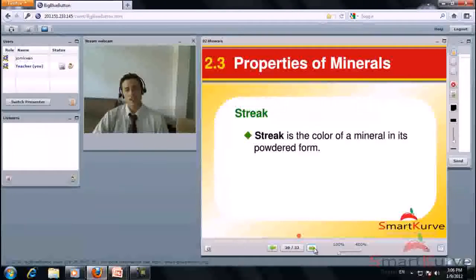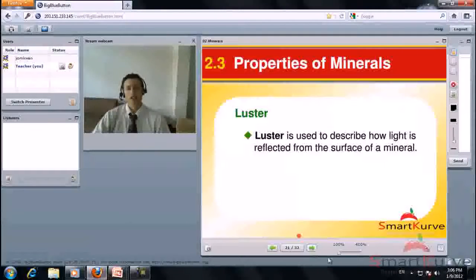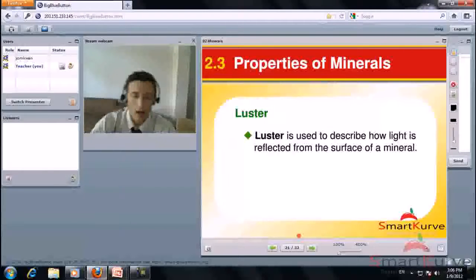Streak is the color of a mineral in its powdered form. Luster is used to describe how light is reflected from the surface of a mineral. We understand this. How shiny is an element?